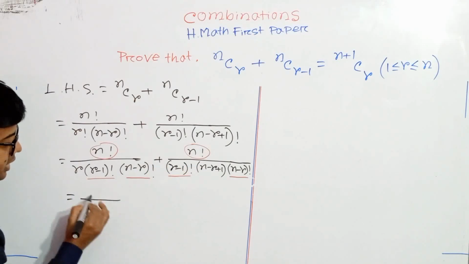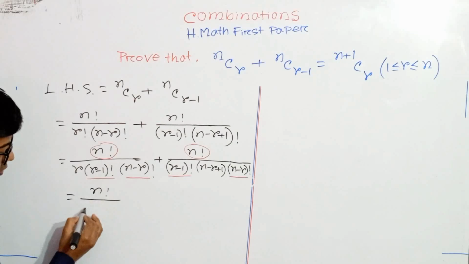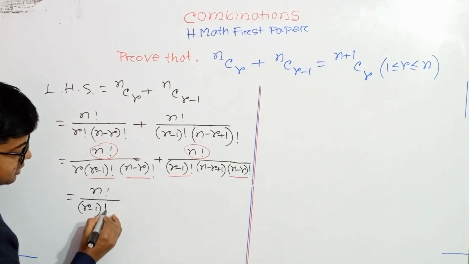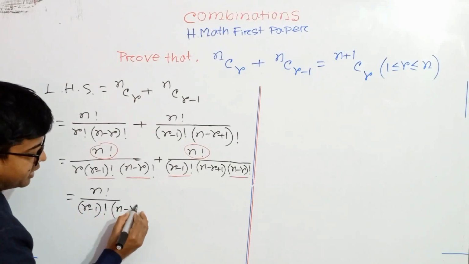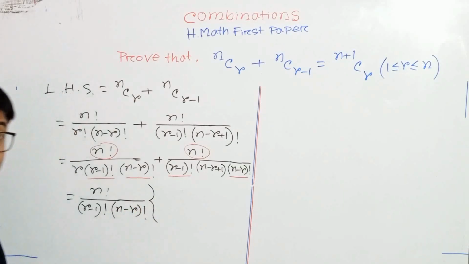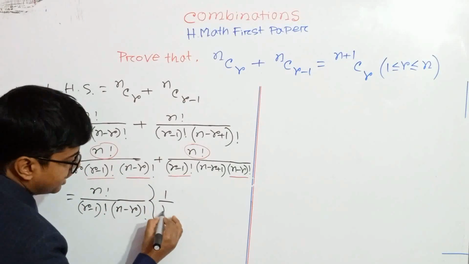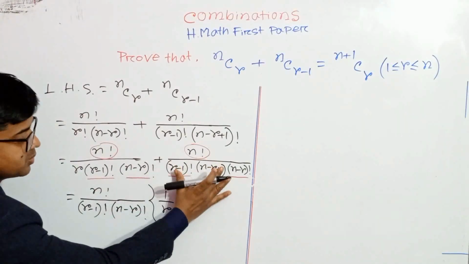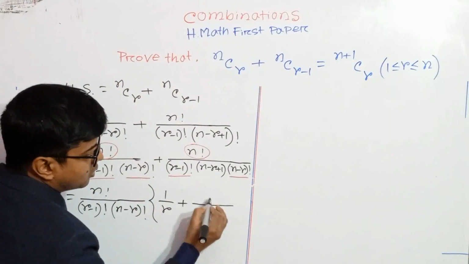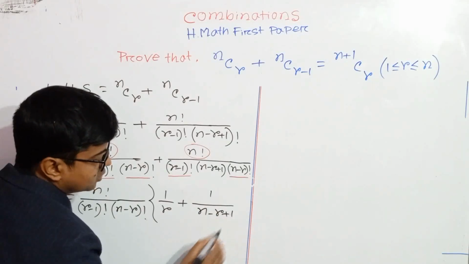It will be factorial n, factorial r minus 1 and factorial n minus r, and from this part 1 by r, and from this part plus 1 by n minus r plus 1.